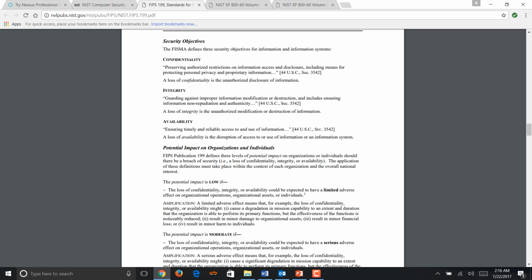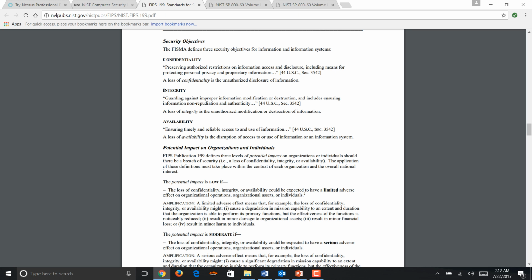When we say potential impacts, FIPS 199 defines 3 levels of potential impact on an organization or individual, should there be a security breach. That is, if there is a cyber attack, what is the magnitude of harm?